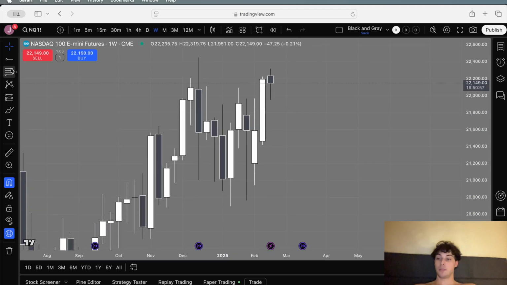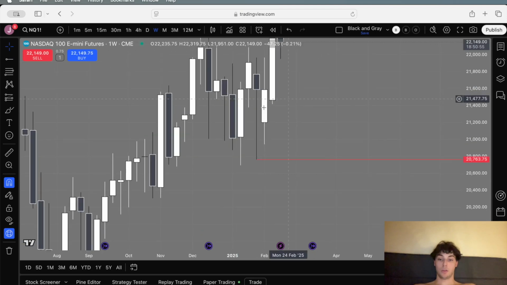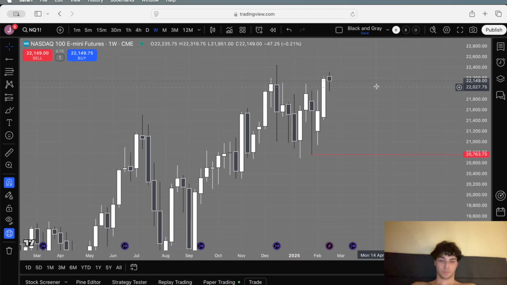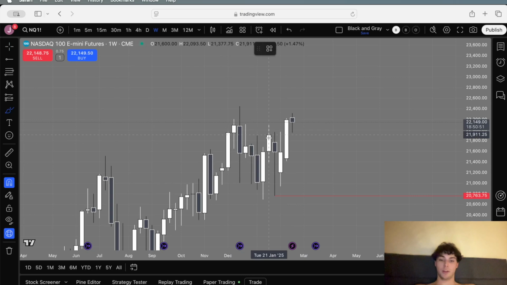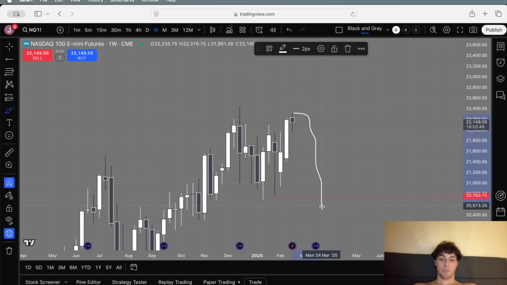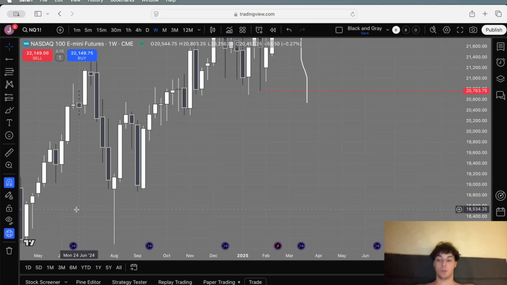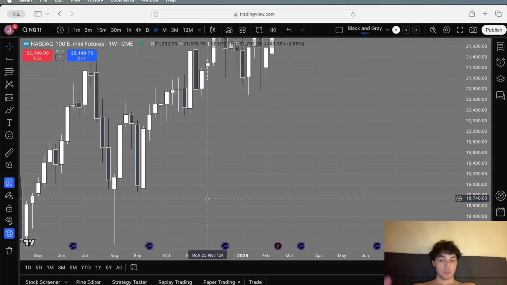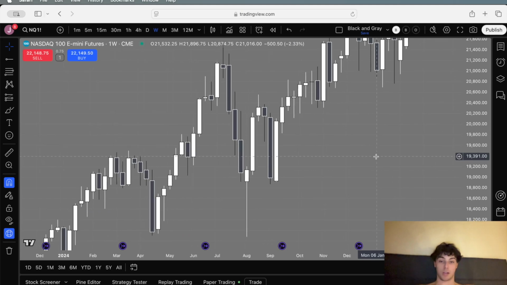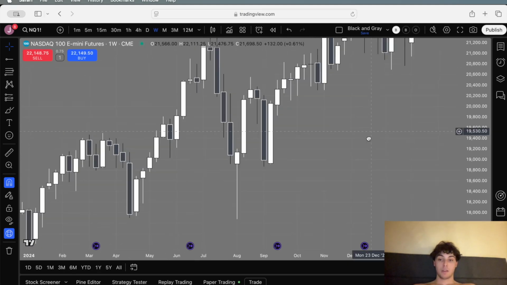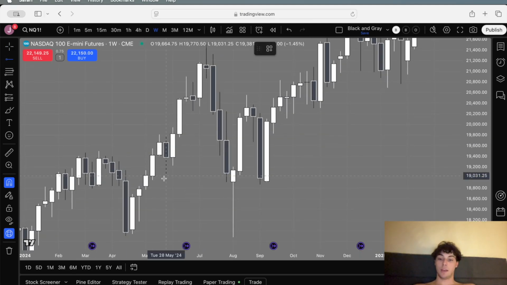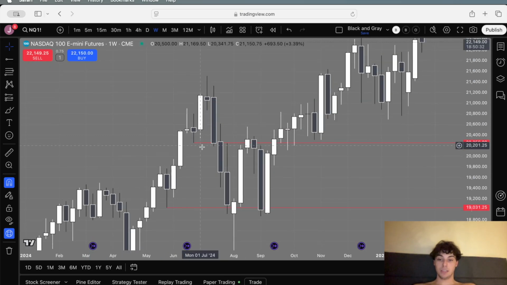Okay, what do we have right here? A low. If price goes all the way down here and breaks structure, price is going to continue that downtrend going down. Simple. There's no overcomplicating this. Guess what happens? We have this low. We have this low as well.